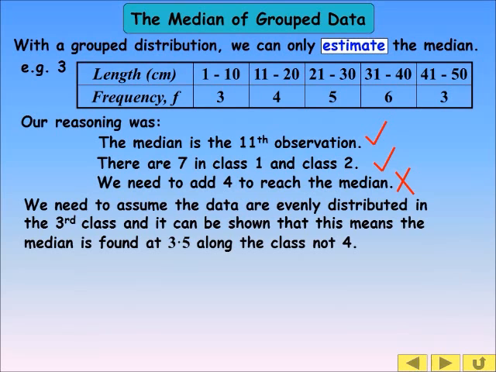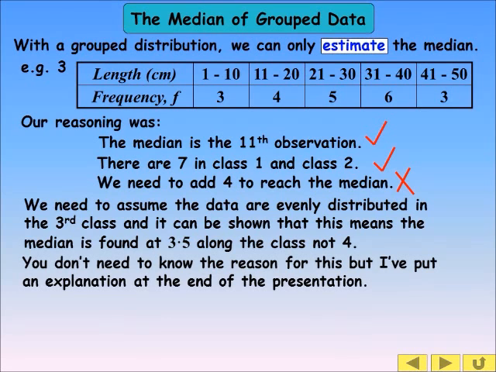We need to add some of the data, evenly distributed in the third class, and it can be shown that the middle is at 3.5 around. It is not 4, right?